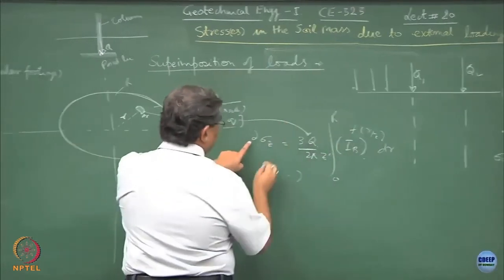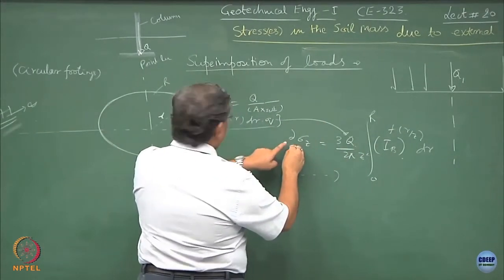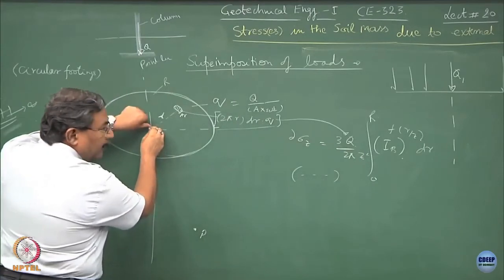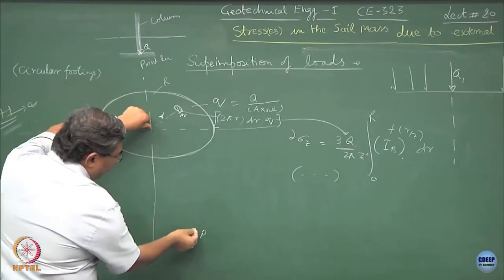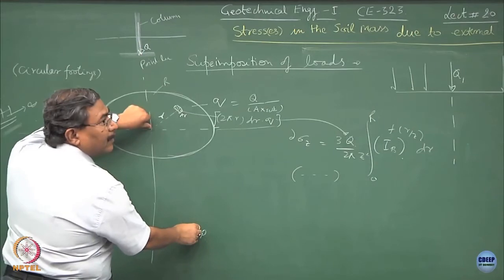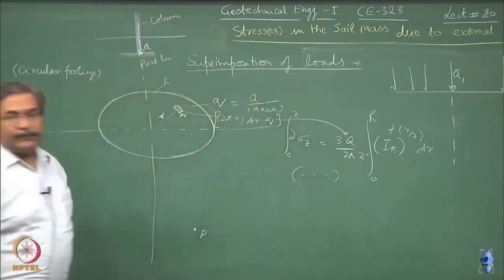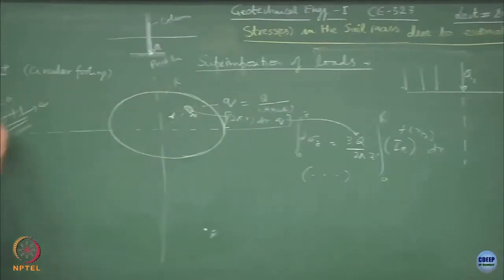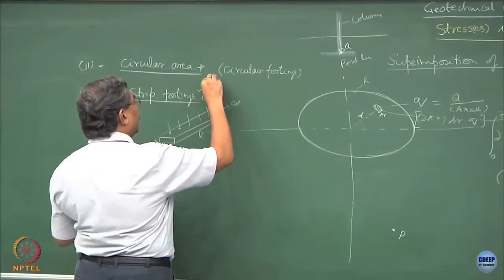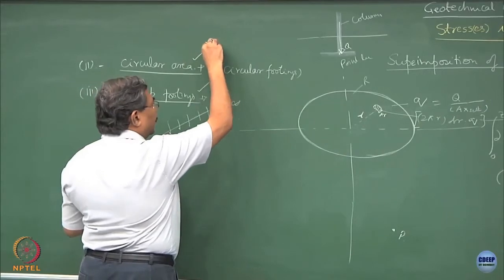And what about this z term? This will be from the given point to the point where you are interested in finding out the pressure. So that means 0 to z. Same thing you can do over here. So this becomes a case of strip footings, circular footings.